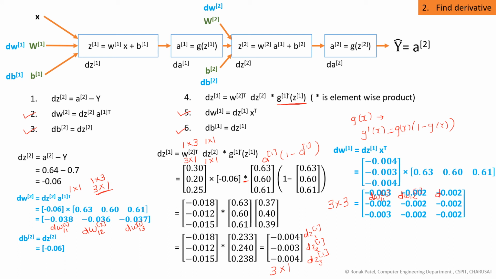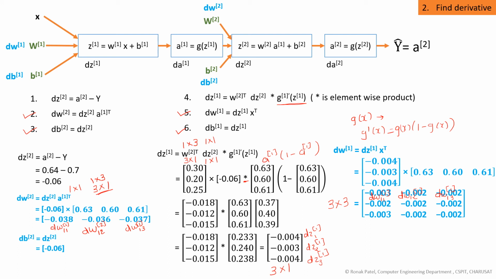Third is dW1 3 1. So if you perform matrix multiplication, then you will get this matrix.